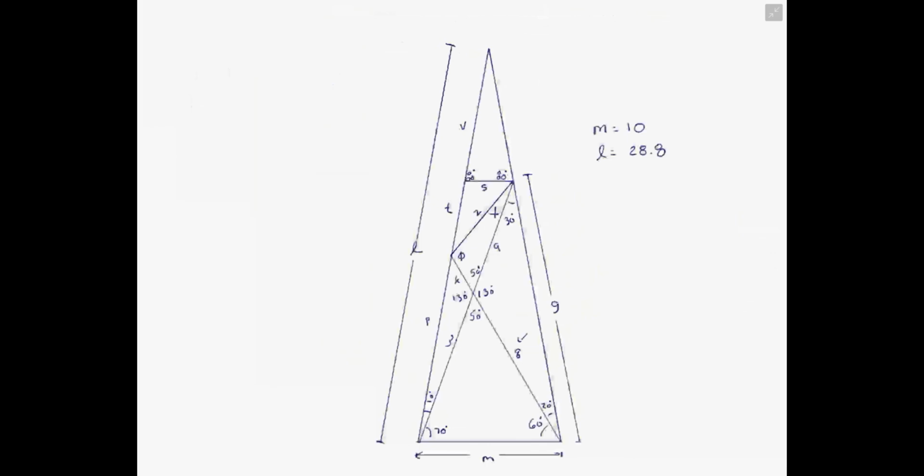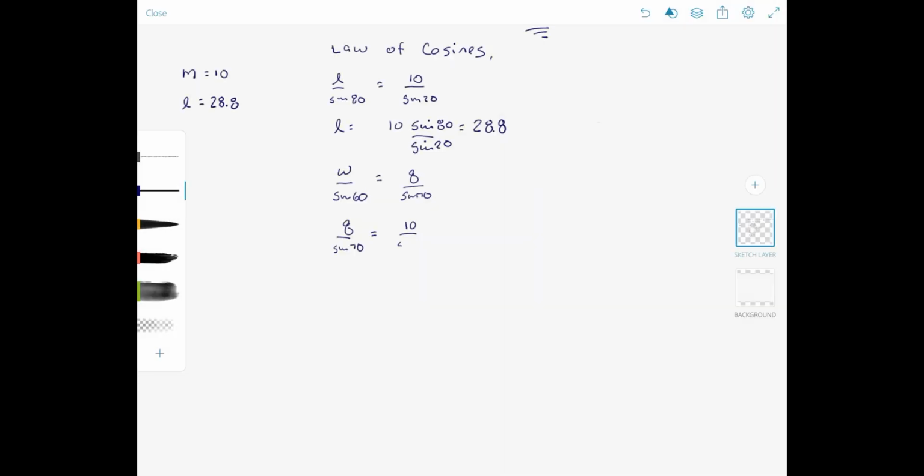I have Q, which is this side right there, and I got W right there, and so I had W on sine, I use the law of sines quite a bit, equals Q sine 70.